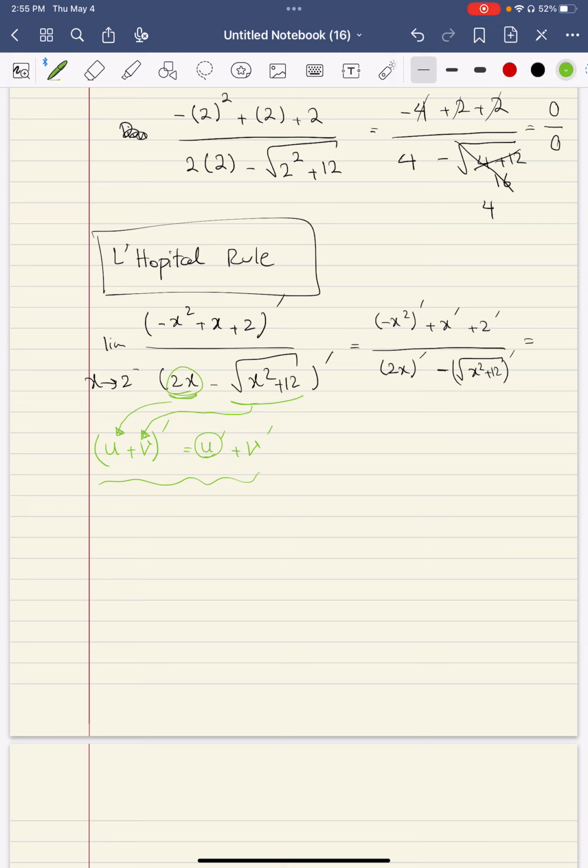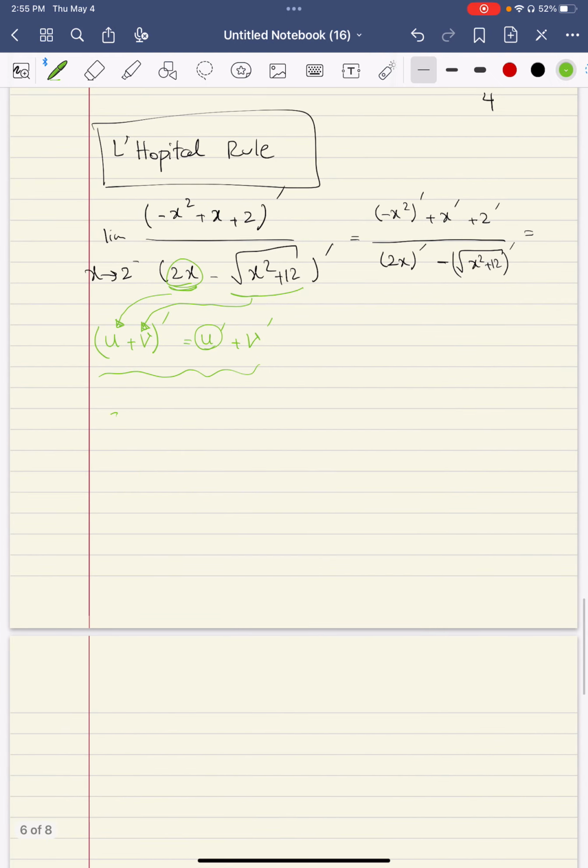We had another rule, which is the derivative of c times u to the power of n, which equals c times n times u prime times u to the power of n minus 1. The c and n are constants and u is a function. In here, we have exactly the same thing.